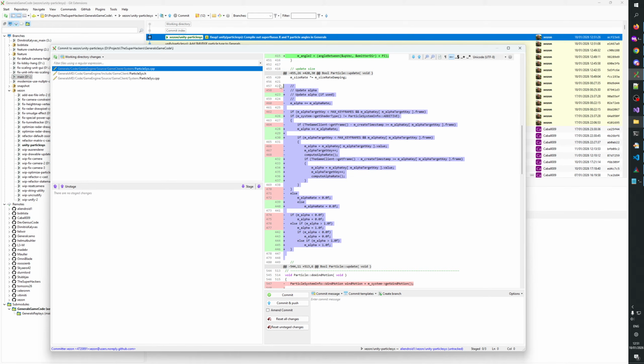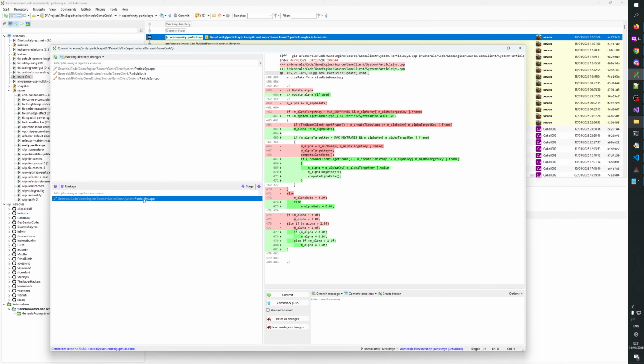I think we can take this as a single change. Unify ParticleSys. No longer optimize alpha particle updates.